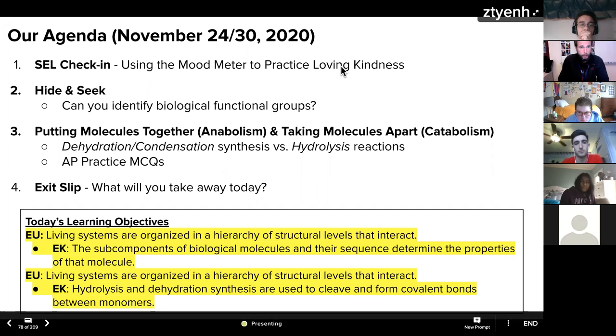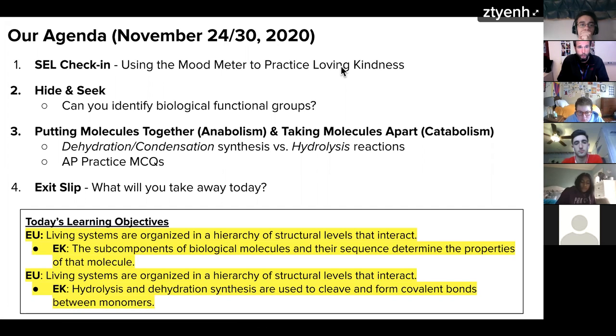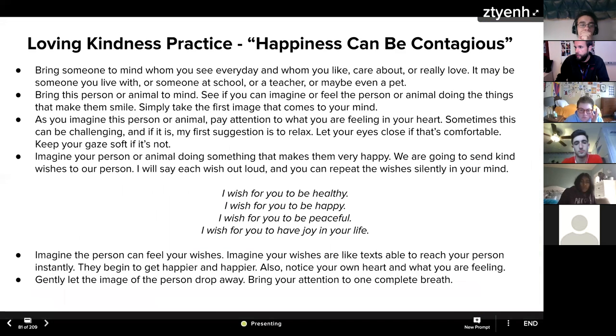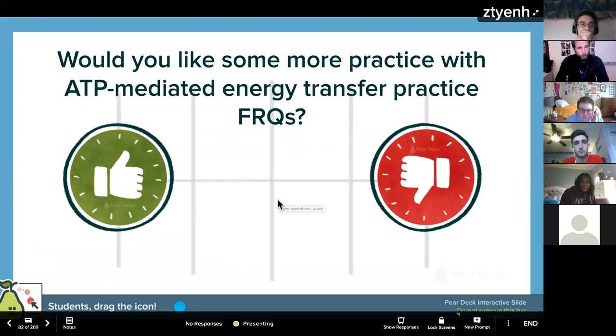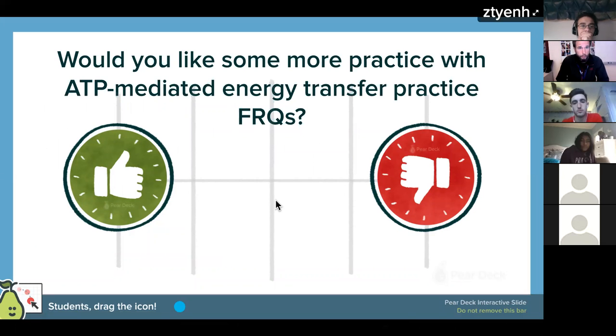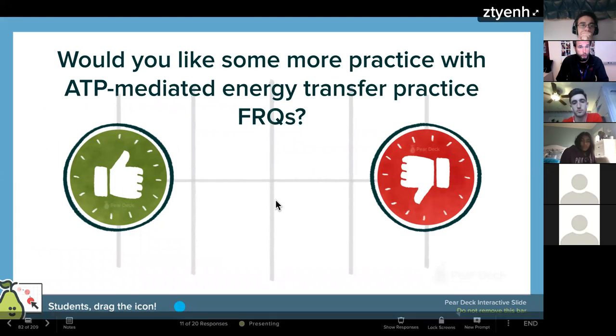And then actually one other thing that wasn't on the agenda that I thought might be helpful, and I'll give you a quick poll before we even get started with our check-in here. There were some extra ATP mediated energy transfer questions that were part of the slide deck. I encourage you to take a look at them last week, but I'm wondering, would it be helpful today to do one of those together before we go on to the new material?